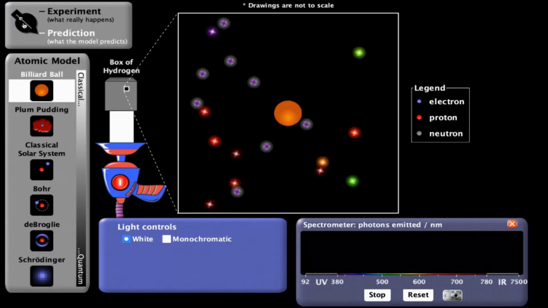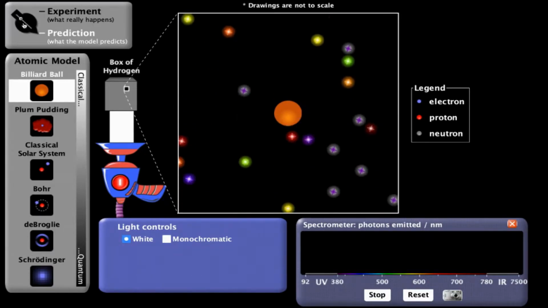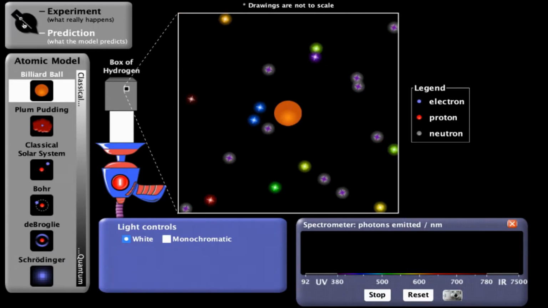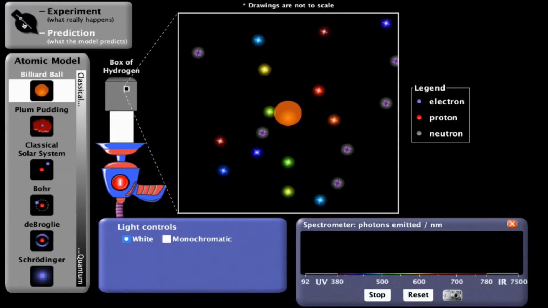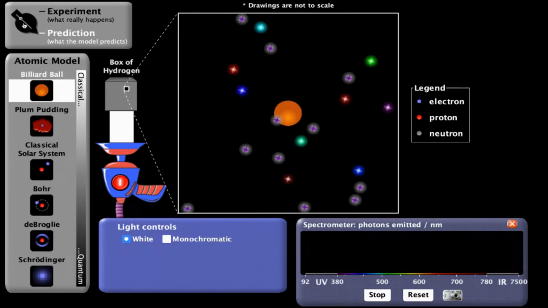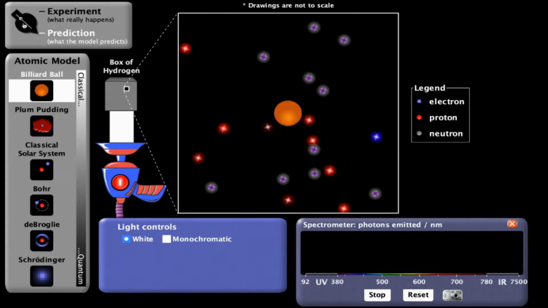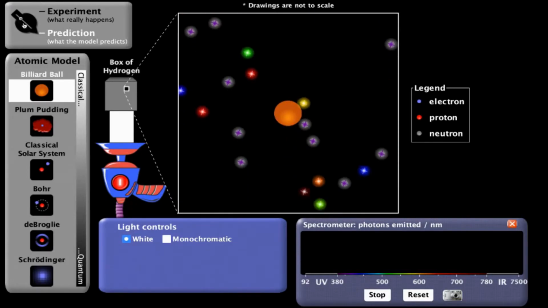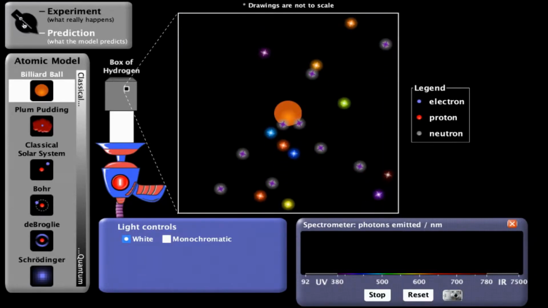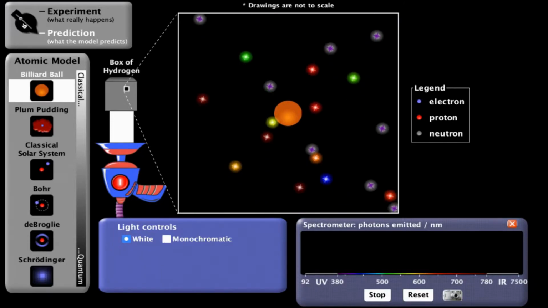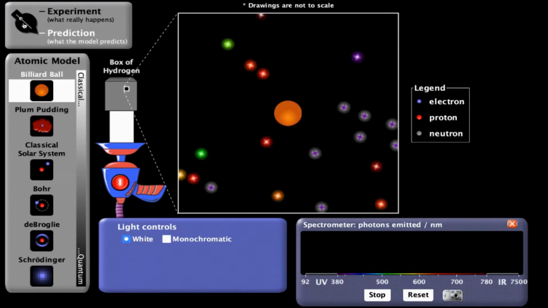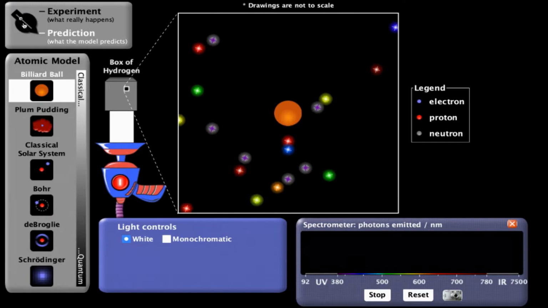This says that the atom is the smallest thing, there's nothing smaller than it, it's a solid sphere. If we shot light at our atom and saw all wavelengths of light bouncing off, the billiard ball model would have been correct. But as you saw before, that's not the case.